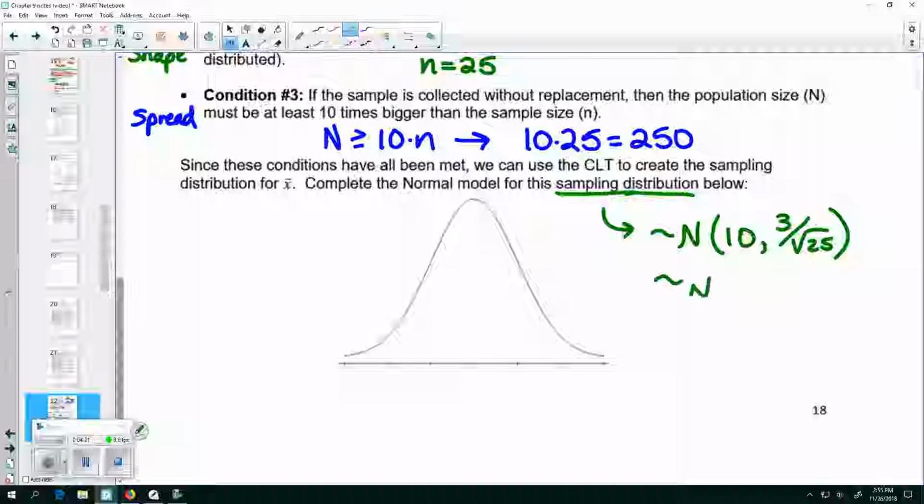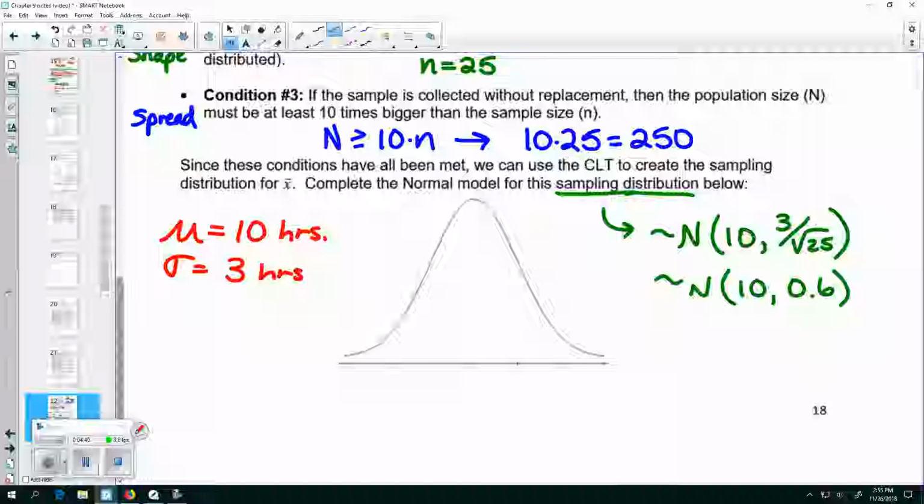So that's going to be normal, centered at 10, and a standard error of 0.6. And again, you might want to press pause and double check that you know where that 0.6 came from. We had a population mean of 10 hours, population standard deviation of 3 hours, and a sample size of 25 iPads.